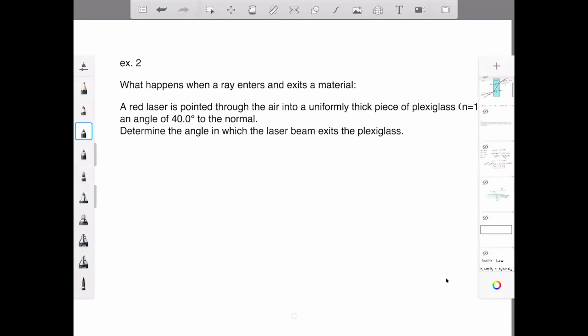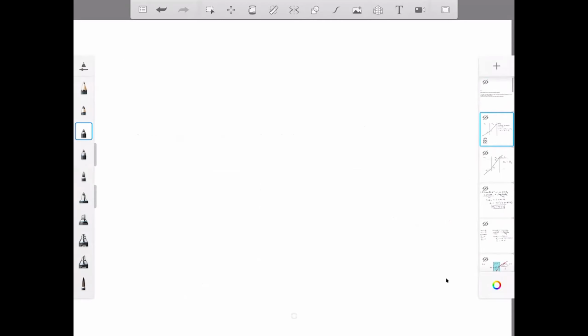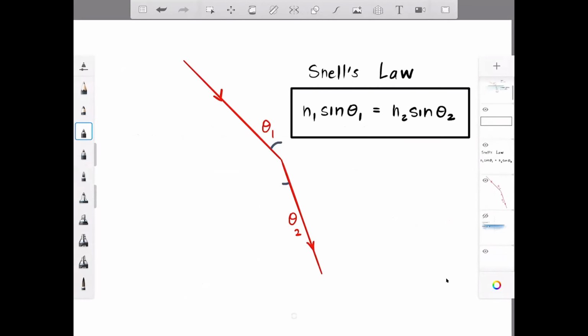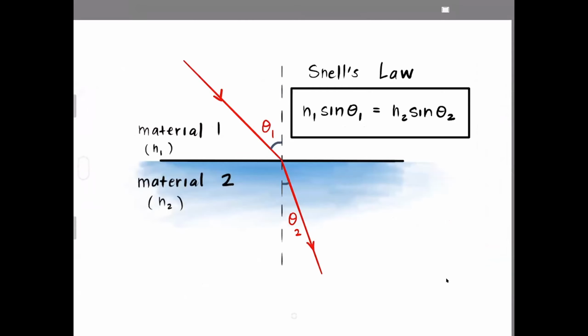So just to recap what we talked about, let me go back to the other slide. Snell's law is the equation that dictates how a material refracts through some other material.